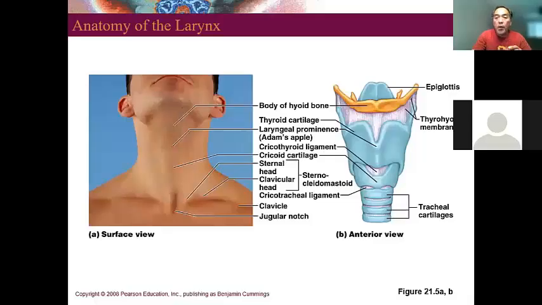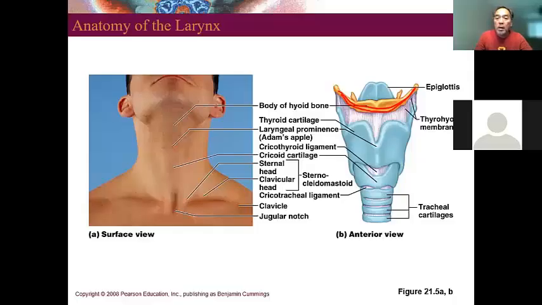And that's located in the larynx. We have to identify a couple of structures within the larynx. We have a bone and cartilages there. The bone, if you recall, we studied on the skeletal system. This is called the hyoid bone. And remember, the hyoid bone has muscles that lift it up and pull it down. The muscles that lift it up are called the suprahyoid muscles, and the muscles that pull it down we call the infrahyoid muscles.